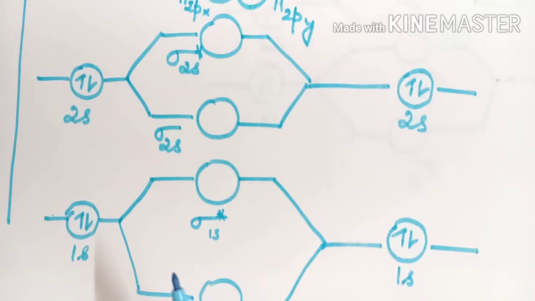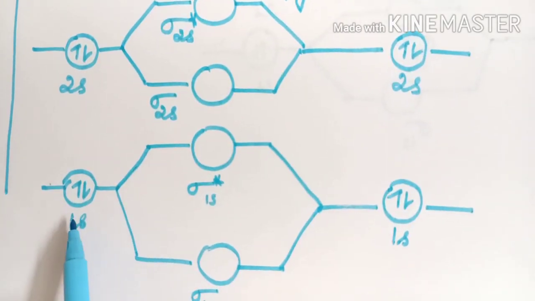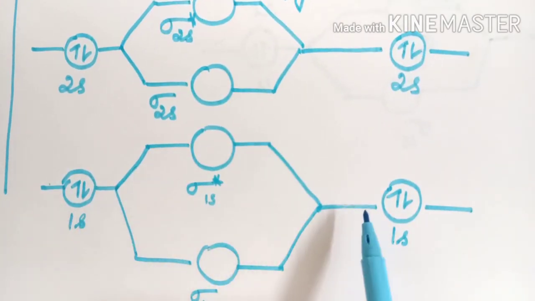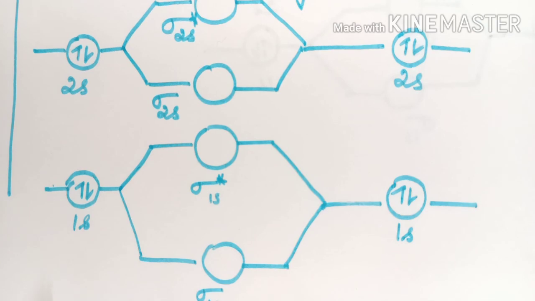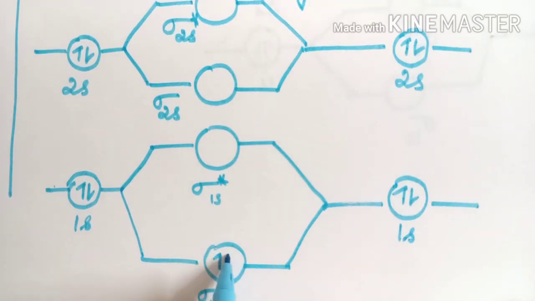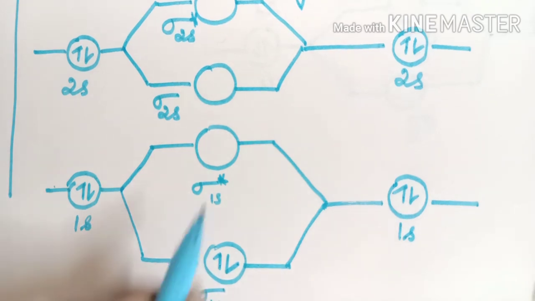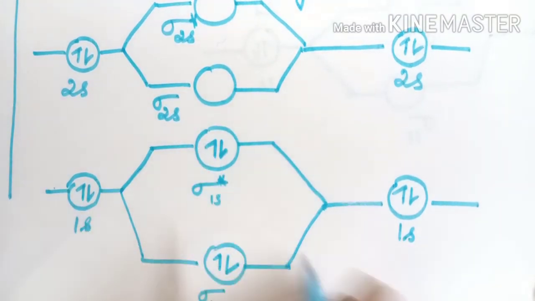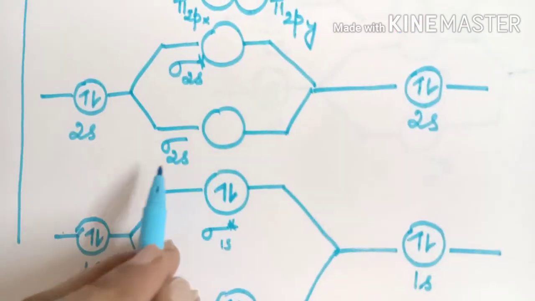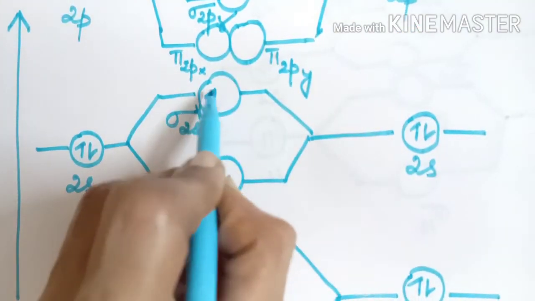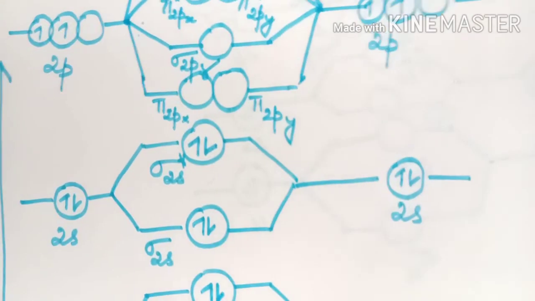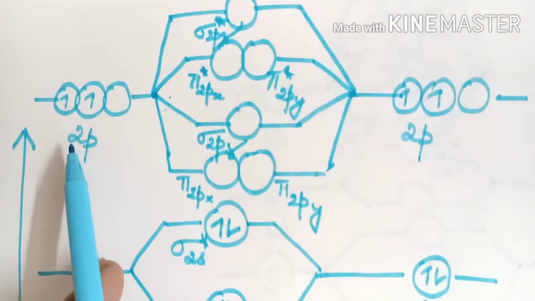So first case, you find 1s2 and 1s2. When they have 4 electrons, you find that these molecular orbitals are completely occupied. So you have sigma 1s2, sigma star 1s2. Likewise, sigma 2s2, sigma star 2s2. Now how many electrons are left over in the p orbitals?